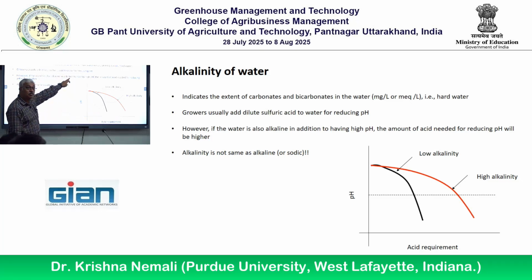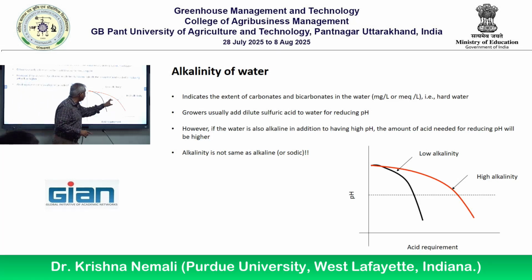If your water is hard water, this is called alkalinity. Alkalinity is a measure of hardness of water. It is coming from bicarbonates that are dissolved in the water, and if your water has more bicarbonates, you require more acid to bring the pH from a level 1 to that optimum level than another farmer whose alkalinity is lower. He actually uses less acid. So alkalinity can affect the acid requirement. That's all I'm trying to say in this slide.